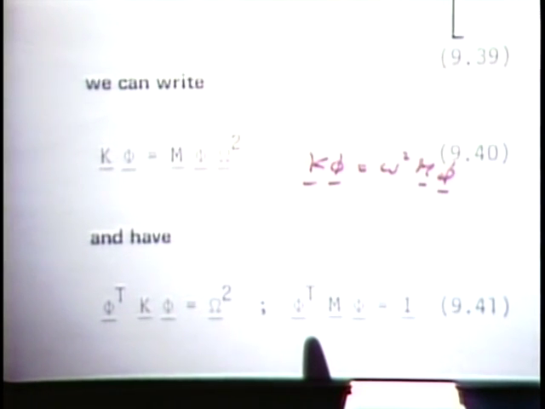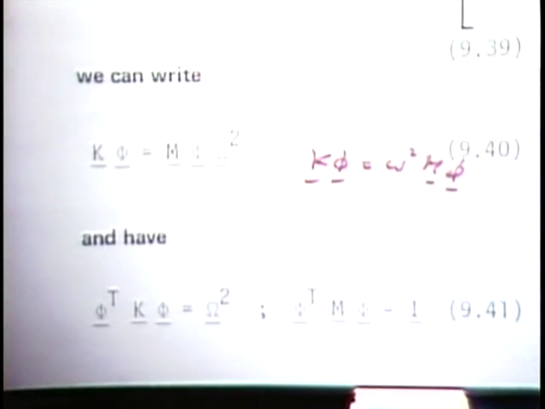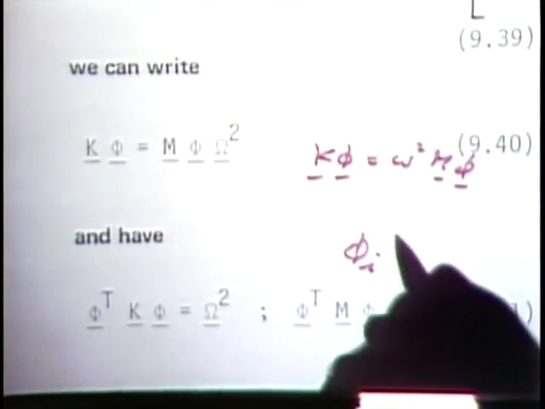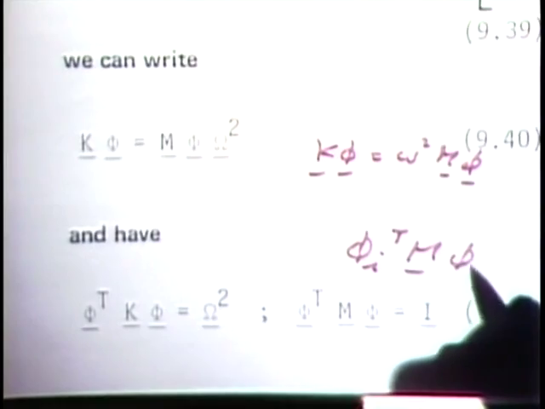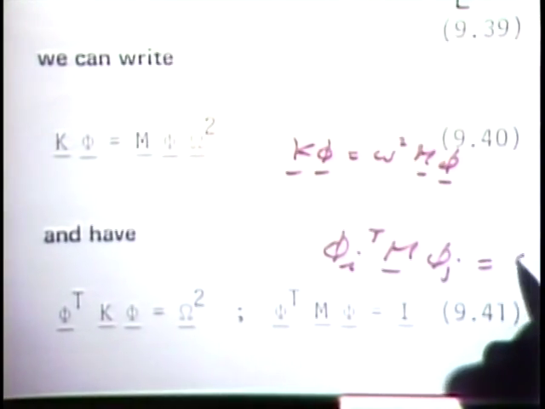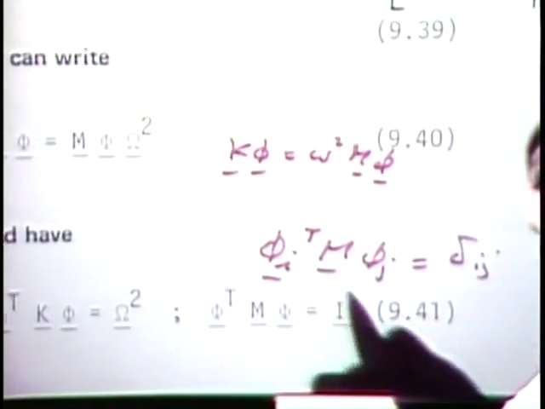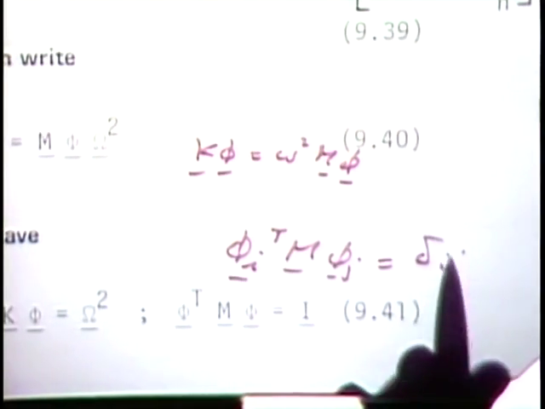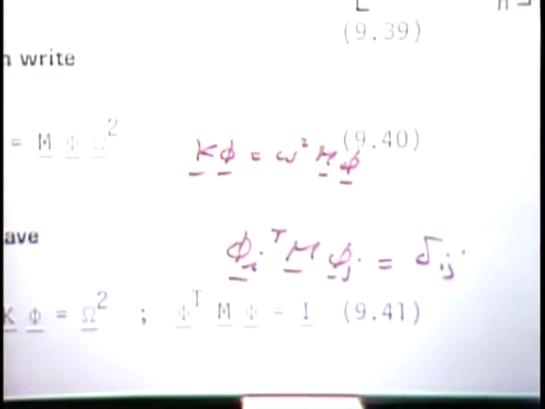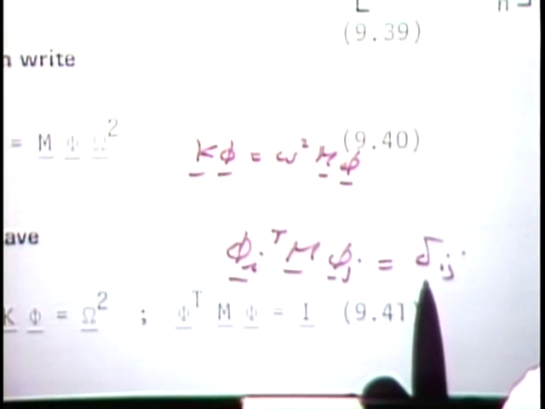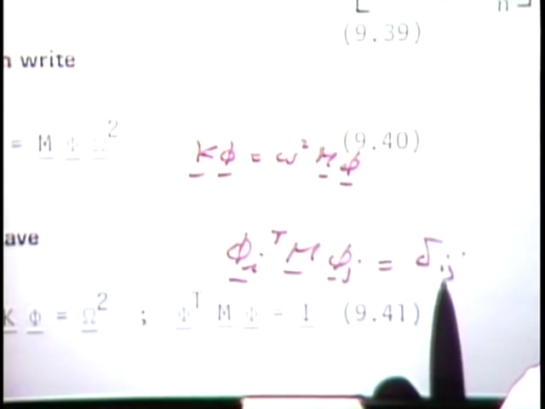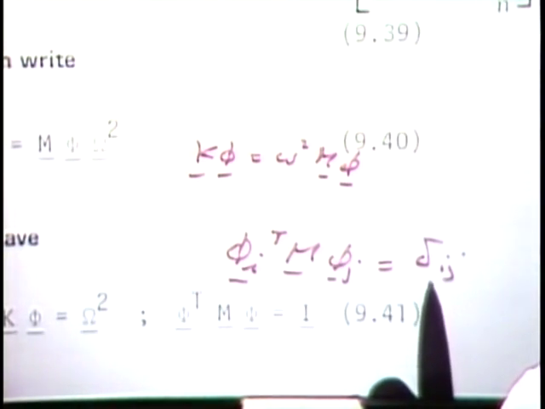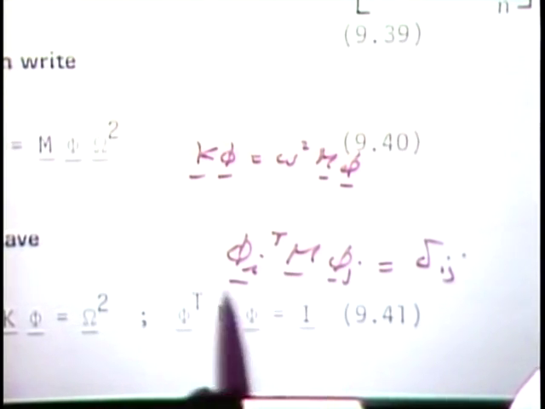This says nothing else than phi i transpose M phi j is equal to delta ij. We call this the Kronecker delta, and it is equal to 1 for i equal to j, and 0 otherwise. So we have this relationship here.